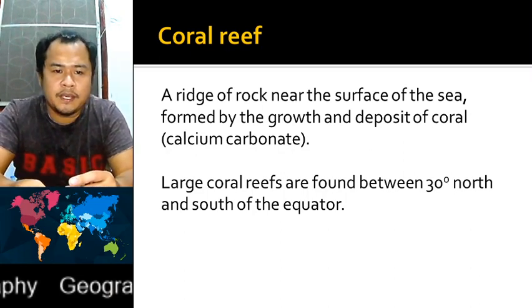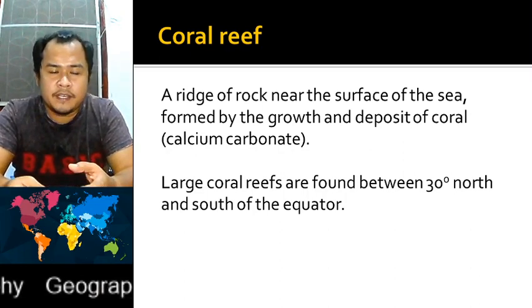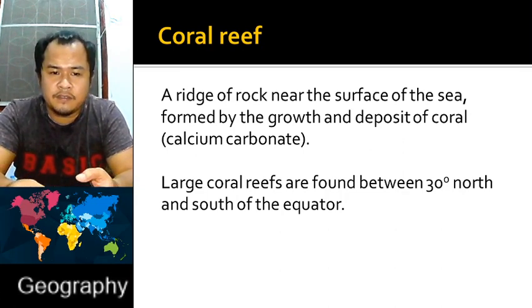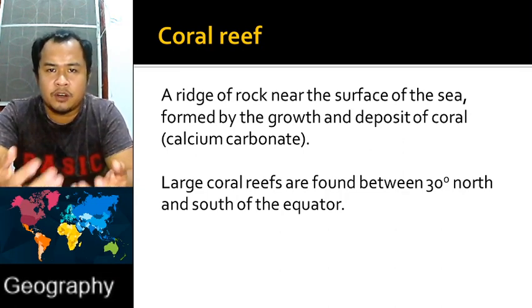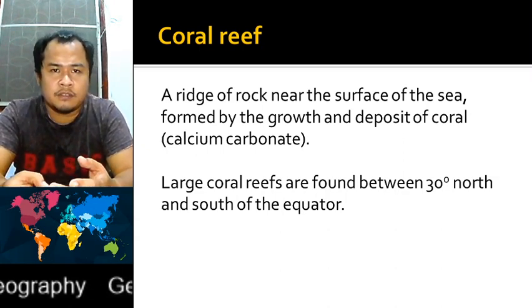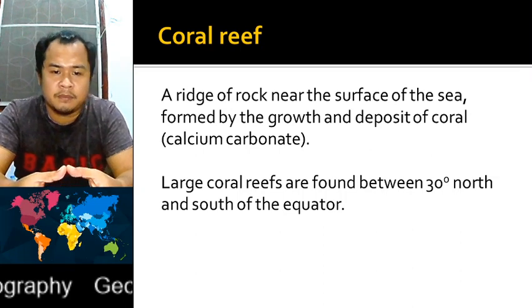So coral reef. A coral reef is a ridge of rock near the surface of the sea, which is formed by the growth and deposit of corals, which is made up of calcium carbonate.